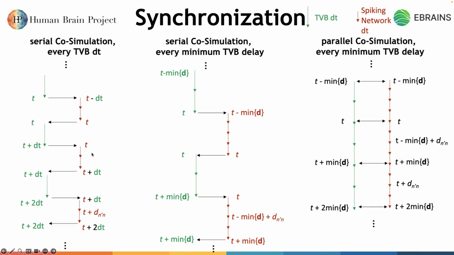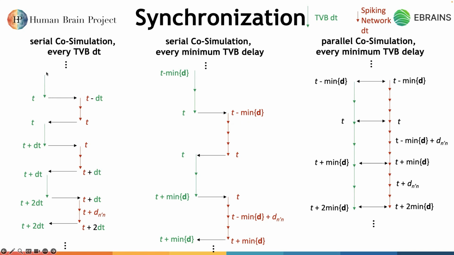What we started with while learning and trying to implement this is the simple case where we simulate TVB for a small time step, we send data to NEST or to whatever spiking network, then we simulate the spiking network, and then we send data to TVB. And a good rule is, since in spiking networks we work with discrete elements like spikes, it's better if we have a smaller time step. For instance, usually we choose a time step for the integration of the spiking network that is at least half the one of TVB.